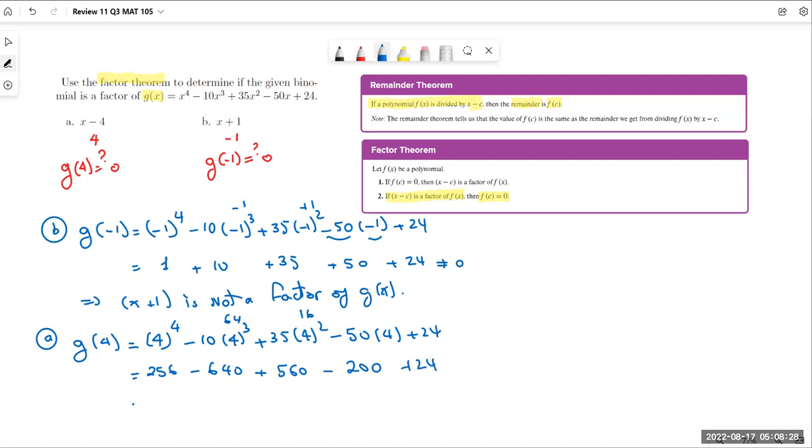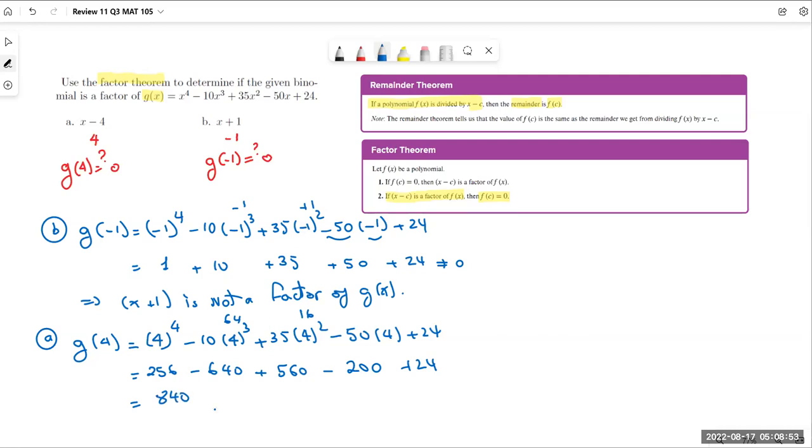So what we're going to do here is add the positive numbers together. So it's going to be 256 plus 560 plus 24. 24 and 56 is 80, 80 plus 60 is 140, 140 plus 640 is 840.